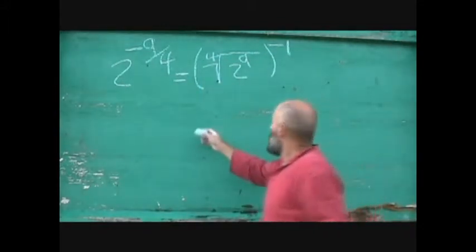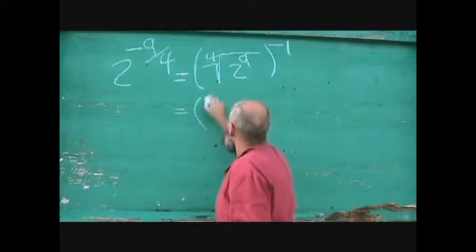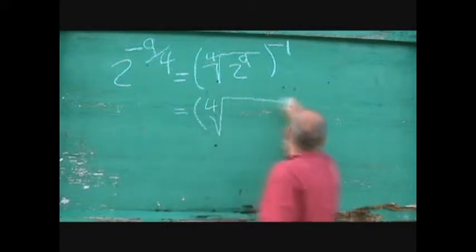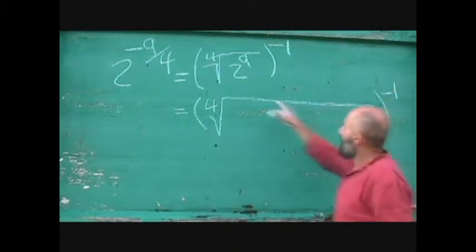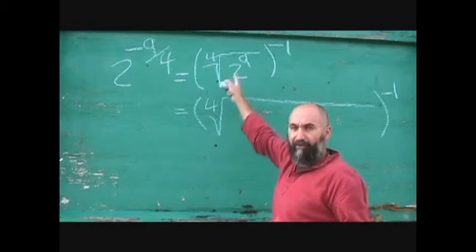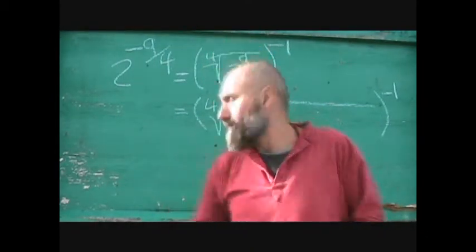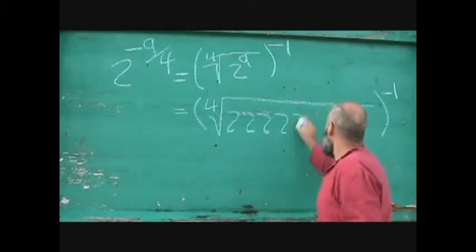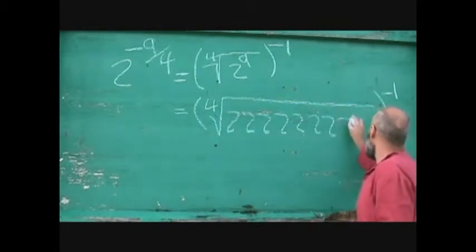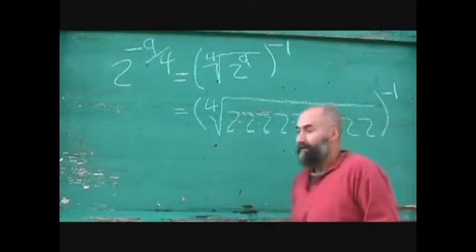Now, the way this works is, this is equivalent to the 4th root of 2 to the power of 9, all to the negative 1. And 2 to the power of 9 means 2 multiplied by itself 9 times: 1, 2, 3, 4, 5, 6, 7, 8, 9.